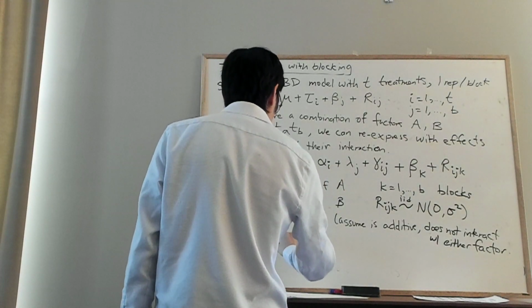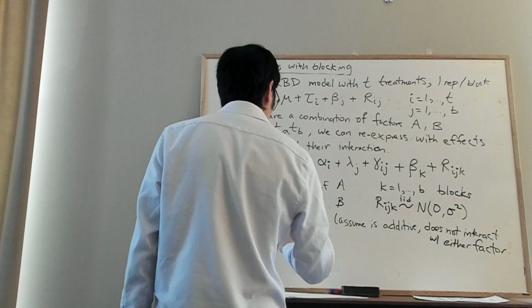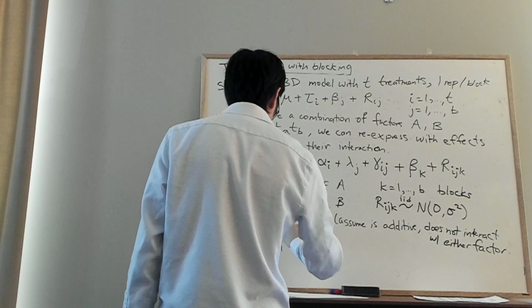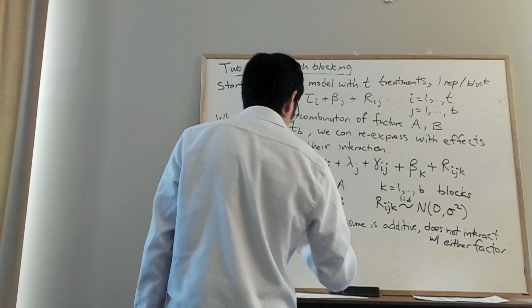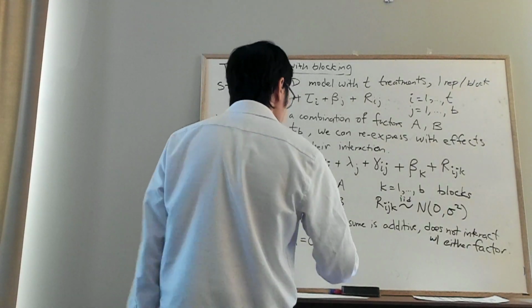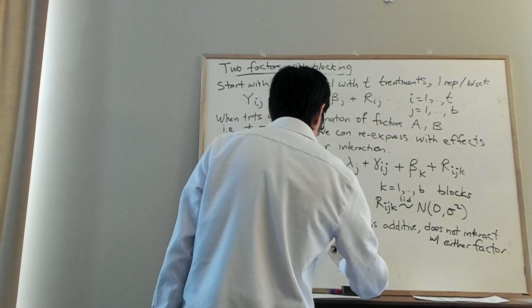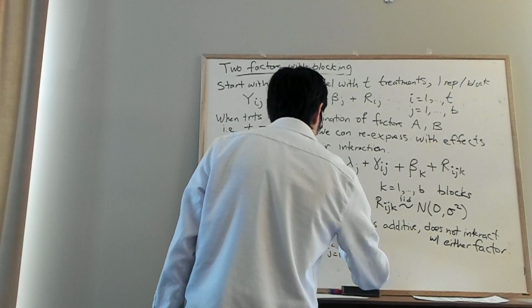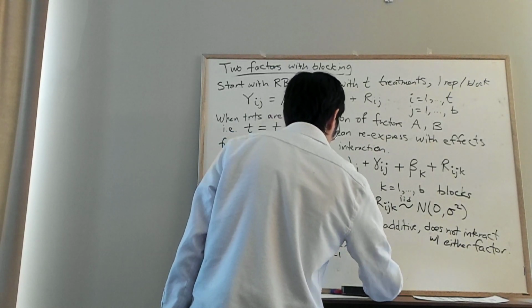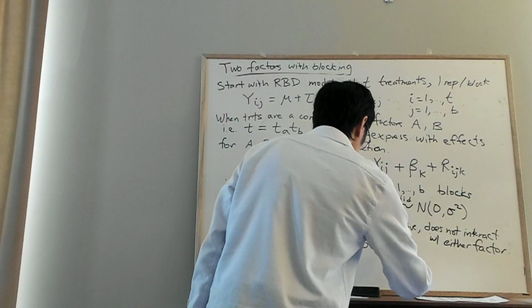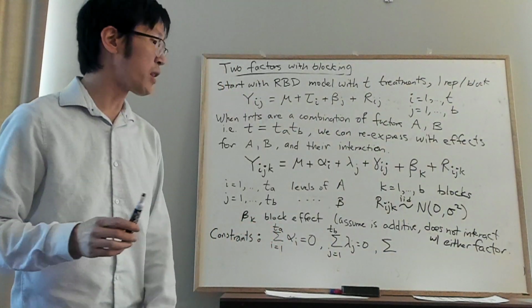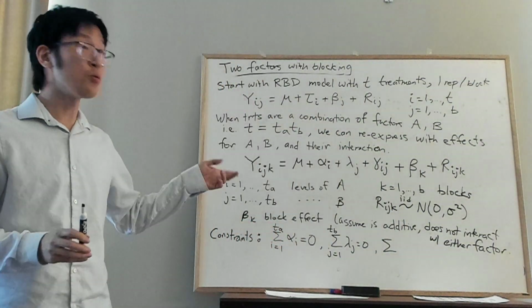So summation i goes from 1 to the levels of A, alpha i. That sums to 0. The sum of the lambdas is also 0. And then the block effects also sum to 0. Remember that these constraints are what allow this model to be interpretable.